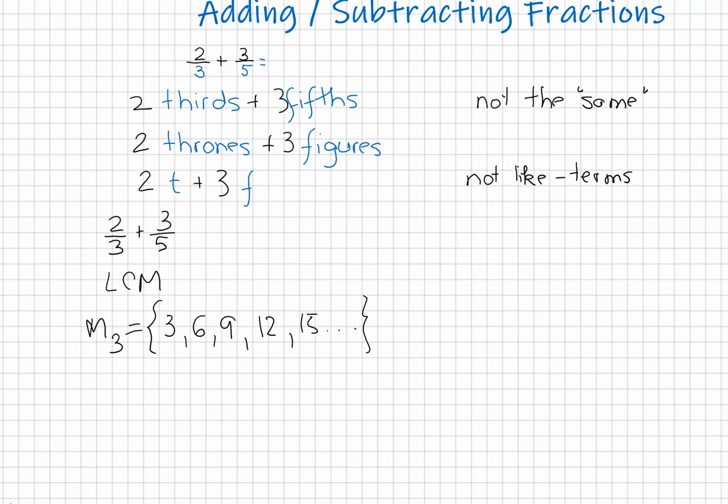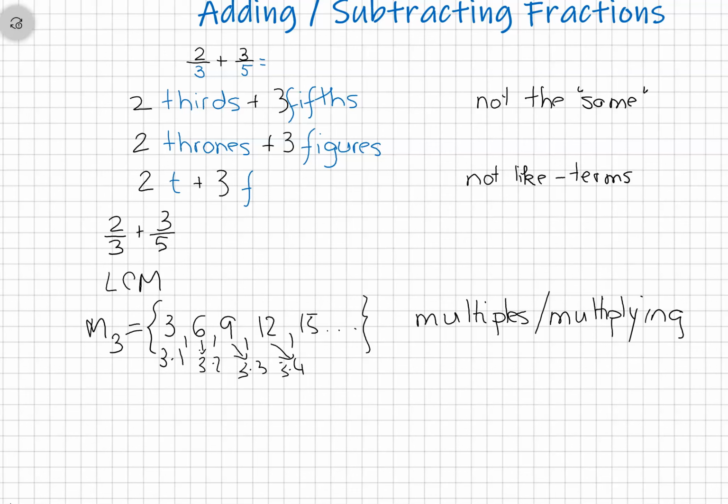You find them by multiplying, because they are multiples. We multiply 3 by 1, and here is 3 by 2, and then 3 by 3, and 3 by 4, and so on. So you find the multiples of 3 by multiplying 3 by another number.